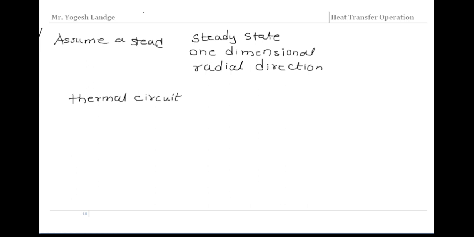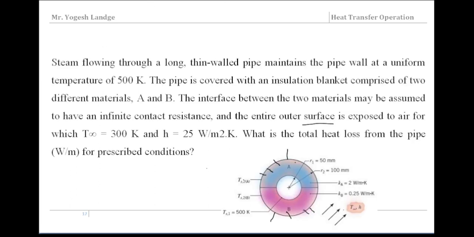If you see the diagram, the heat is transferred from the inner surface to this insulation material, and from the insulation surface to the surrounding.